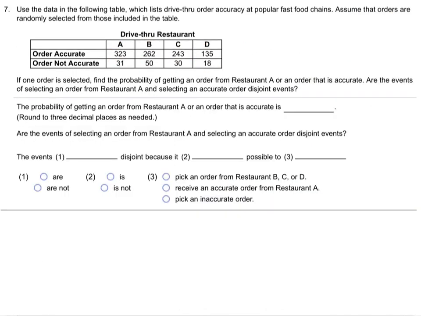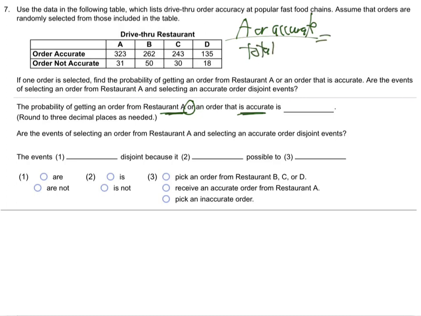Let's look at 7. So they give us another table, but look at the question. It is more tricky. Restaurant A or accurate. Like if you said, I'm going to grab one of these at random. What's the chance I'm going to get one that's either from restaurant A or it's accurate? So basically, A or accurate on the top, bottom's total like usual.